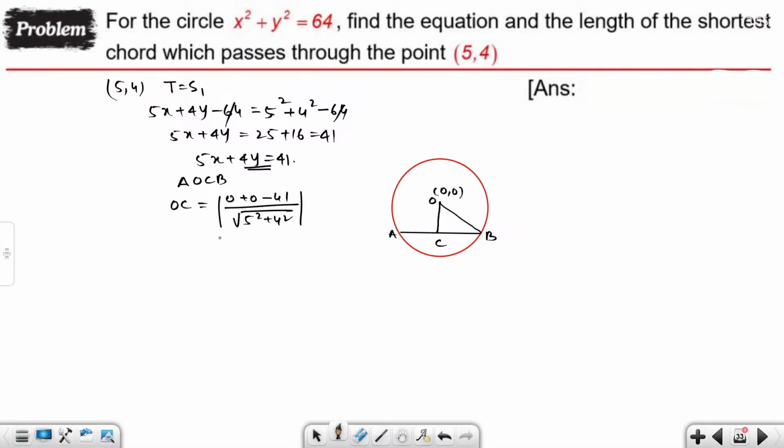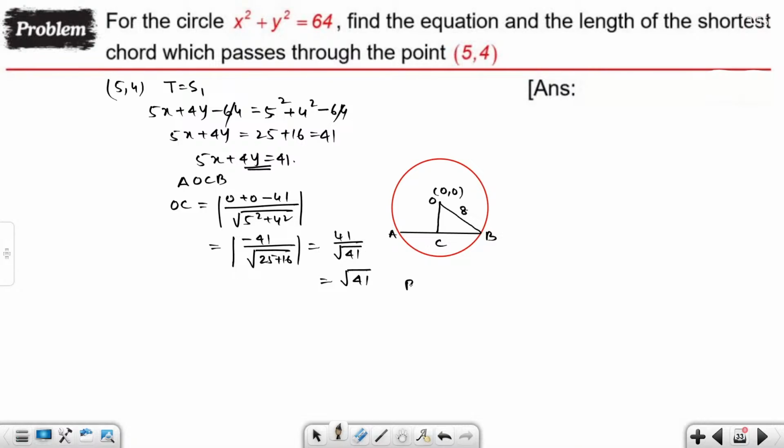So in that case, it is minus 41 divided by root of 25 plus 16. Again, we are having 41 over root 41, correct? So it is coming to root 41. So that is the length of OC, the perpendicular distance from the origin to that line AB, which is the shortest chord. Now OB is basically the radius of the circle, which is your 8.